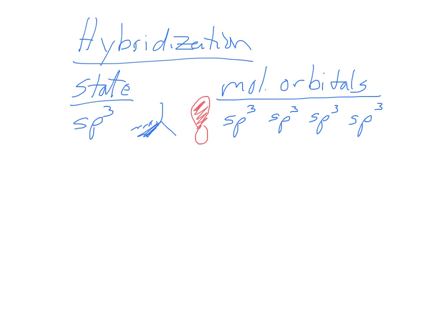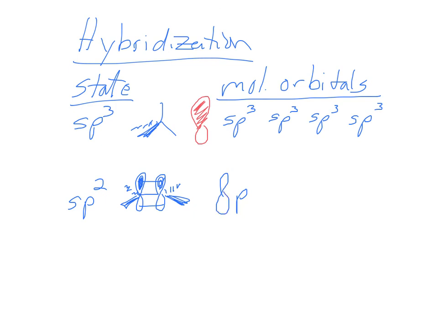Another hybrid state is sp2. Now all of a sudden we have a pi bond. If we have a pi bond, we need to have a p orbital, so we don't mix one of our p orbitals. We just bring that p orbital over.